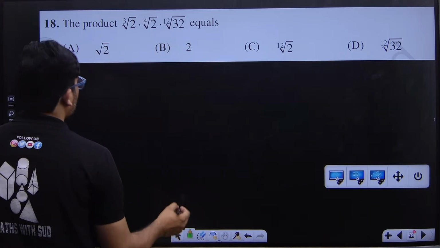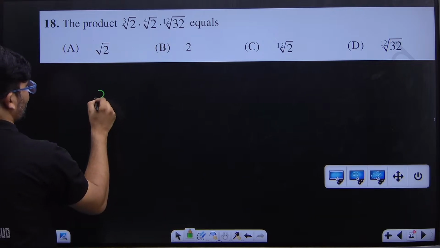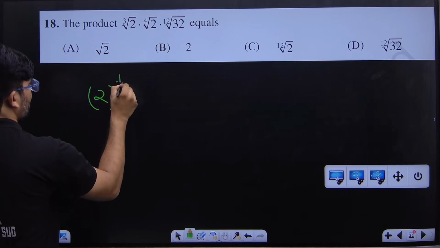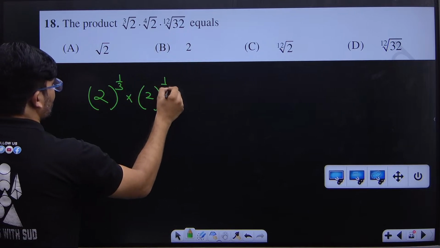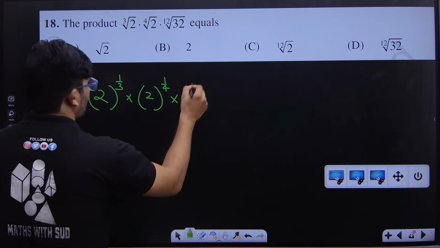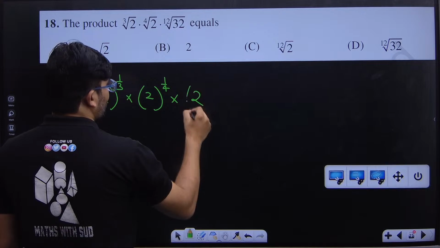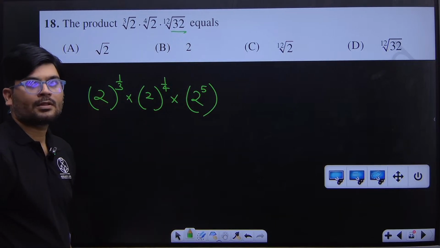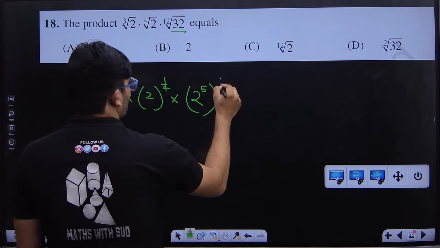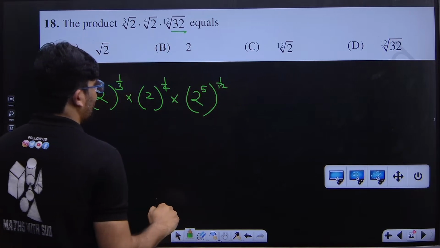Now how to solve it? We will write the first part as 2 to the power 1 by 3 multiplied by 2 to the power 1 by 4 multiplied by 2 to the power, now 32 is 2 to the power 5, so 5 by 12. Are you getting it?